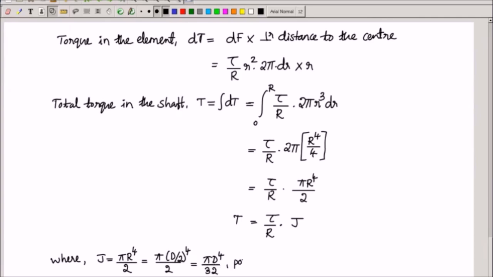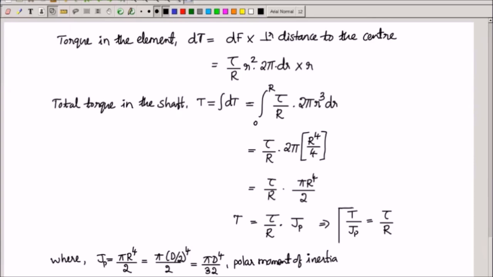It is called polar moment of inertia, or sometimes J suffix P. JP stands for polar moment of inertia. And this equation can now be written as T by J equal to tau by R.